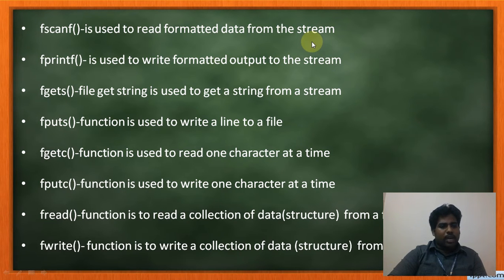Stream denotes file. Similarly, fgets, that is file get string, and fputs, file put string. fgets and fputs are used to get the string from the input as well as write the line or the string inside the file.